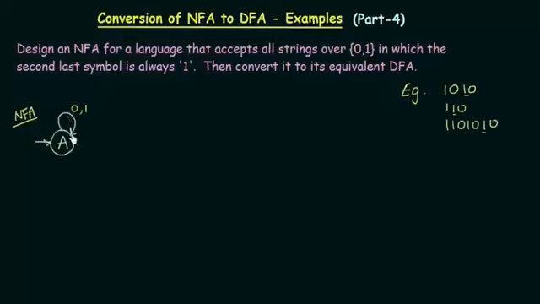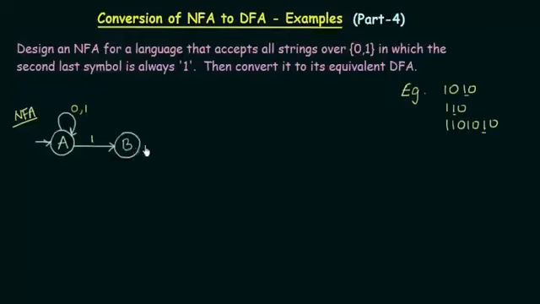So in the beginning, whether it is 0 or 1, let it stay in state A, and state A will go to the next state, that is state B, on getting the input as 1. That means now I assume that this is going to be my second last symbol. So if this is going to be my second last symbol, I send it to the next state B.